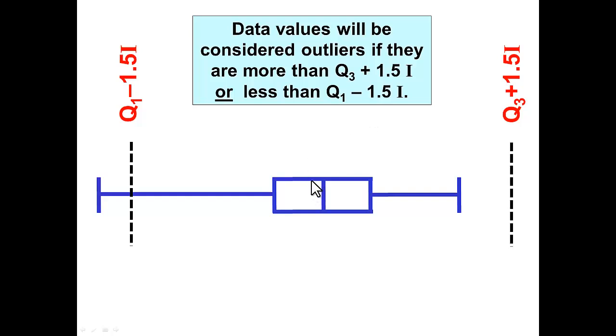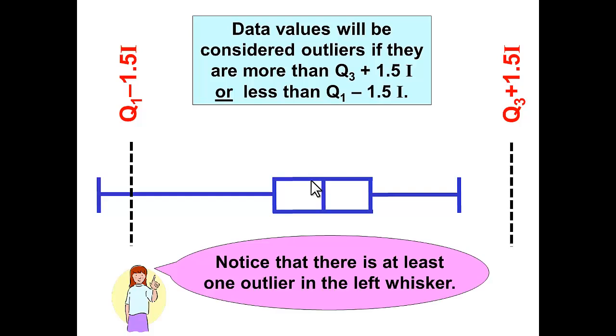Again, this will be easier to show in an example, so hang in there with me and I will go over just a few more of these things before we get to an example. Notice that there will be at least one outlier in the left whisker because there is data below this mark here.